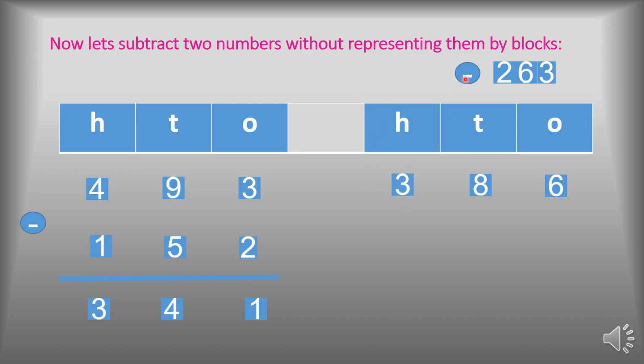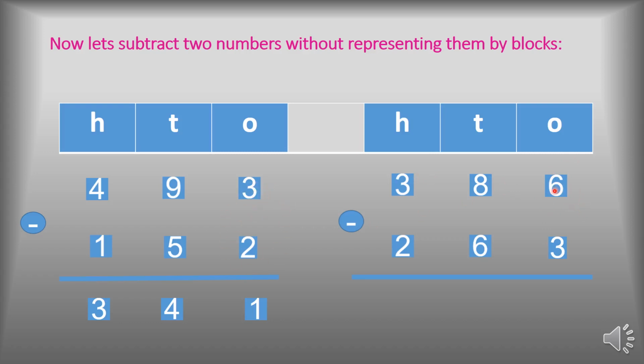Also, we should move the subtraction sign, which is minus, and place the ones of the second number under the ones digit, the tens under the tens digit, and the hundreds under the hundreds digit. Again, we are going to subtract and start with ones, not with tens or hundreds. Always we start with the ones digit, as we did in the first exercise.